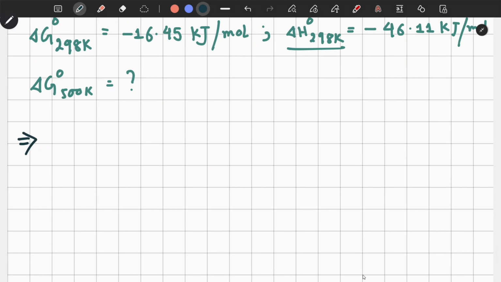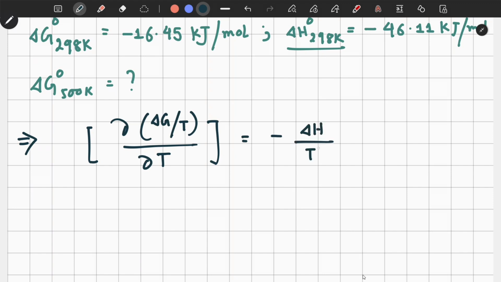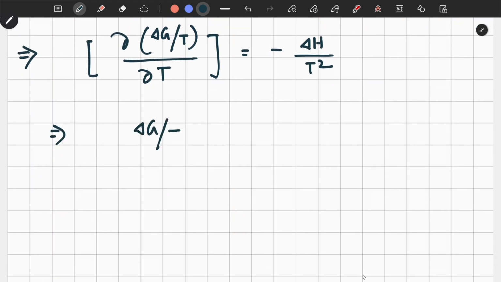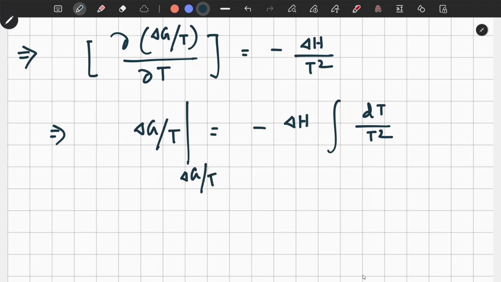How can we approach this? We use G by T. Is it clear?